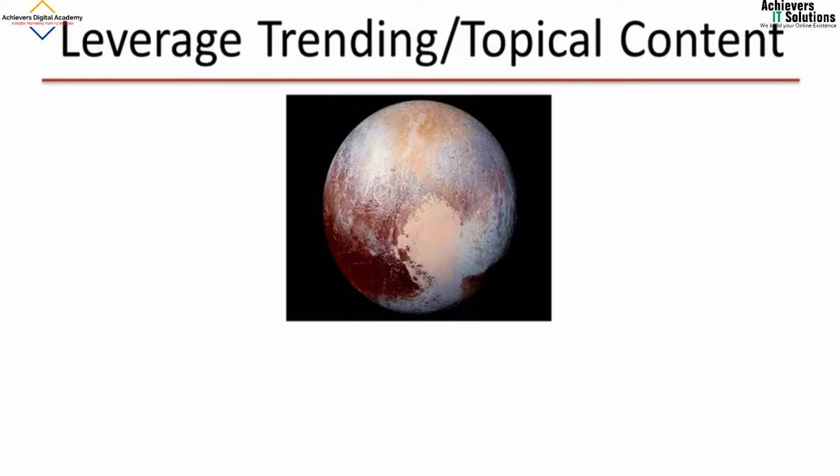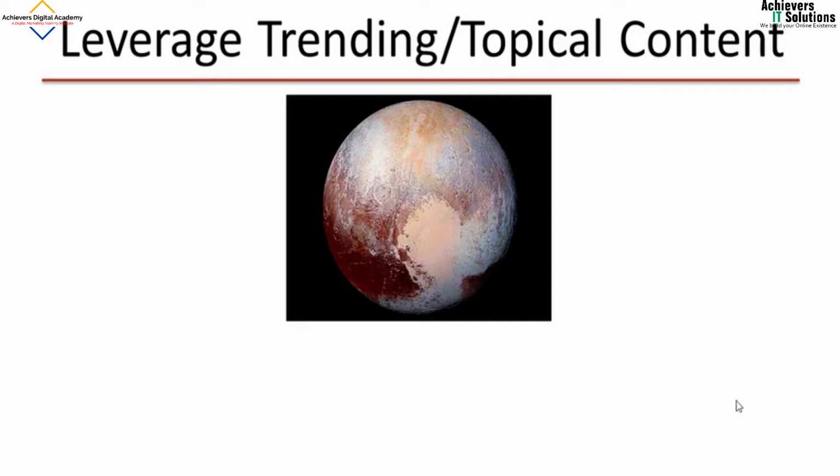Another way to drive engagement and visibility on Twitter is to leverage trending and topical content. We saw some of these examples in lesson 1 on Facebook. Here is an example on Twitter as well on how a brand leveraged a topic that was trending to drive engagement.